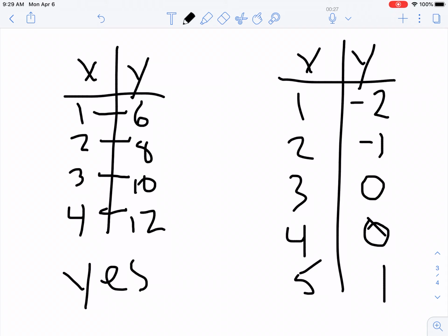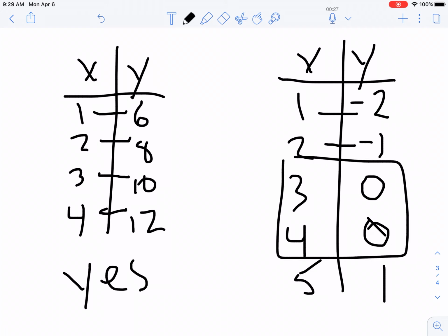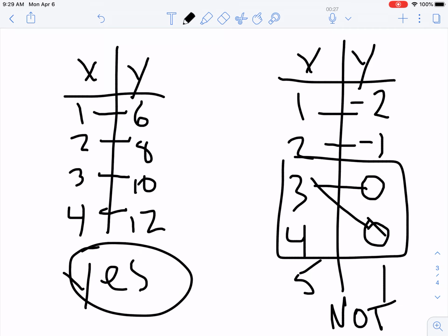So this x only has one partner, this x only has one partner, but look here, there are 2 y partners that are the same, so they don't have a unique partner. So this case is not a linear relation in chart form, and this one on the left side is a linear relation in chart form.